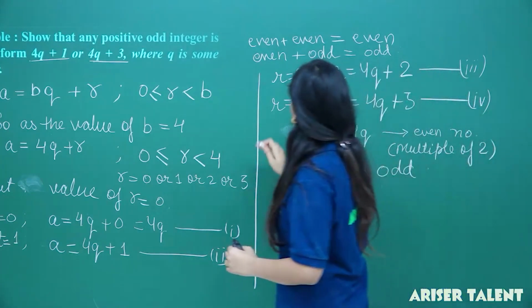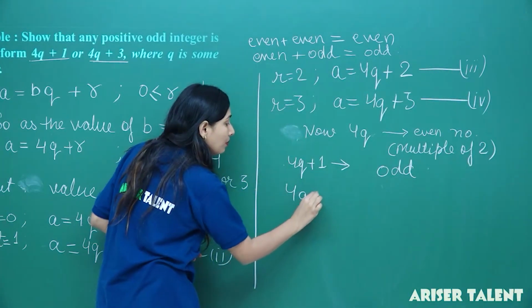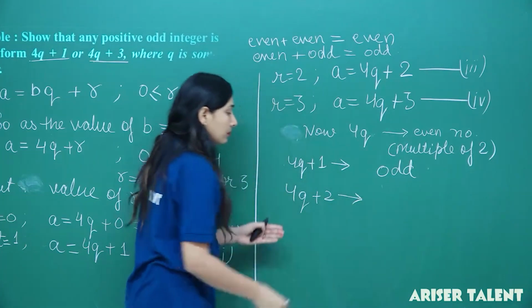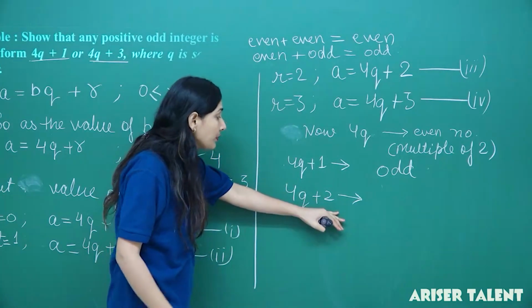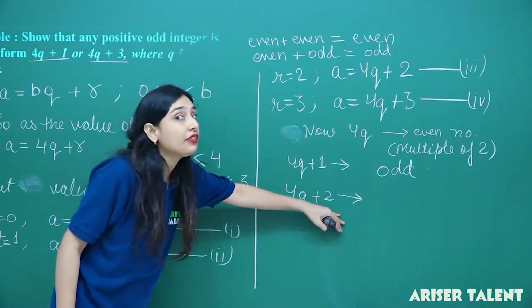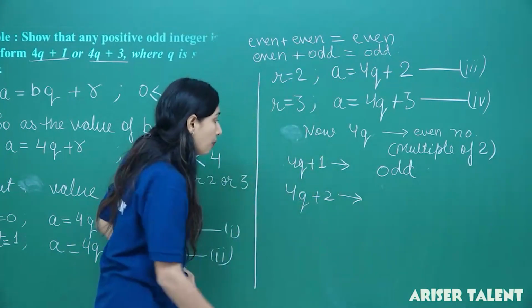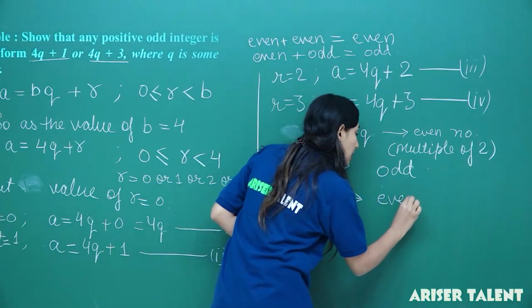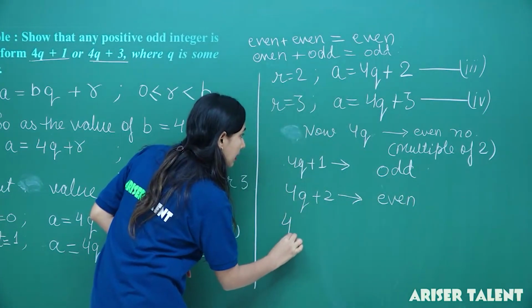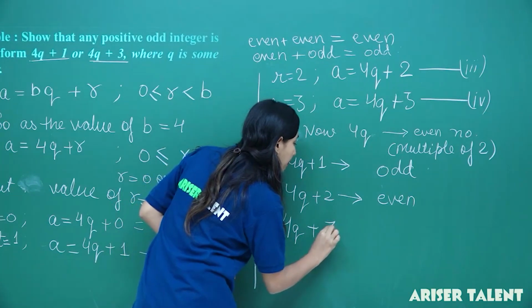Moving forwards, 4q plus 2. Now, even number plus even number equals even number. So by this property, this is even. And now 4q plus 3.